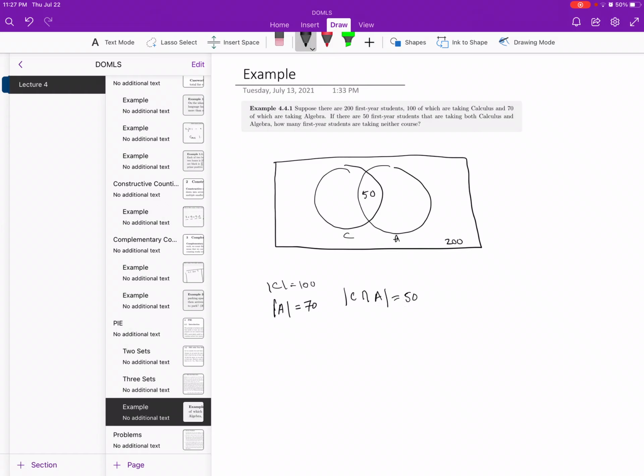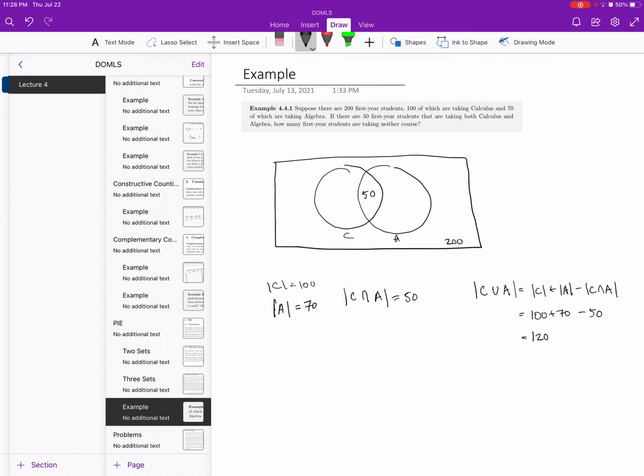So now we can use our principle of inclusion-exclusion. The magnitude of C union A is equal to the magnitude of C plus the magnitude of A minus the magnitude of C intersect A, which is 100 plus 70 minus 50, which gives us 120.